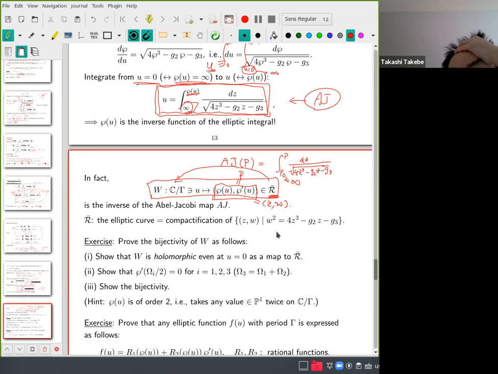Why? Because P prime square satisfies this differential equation.